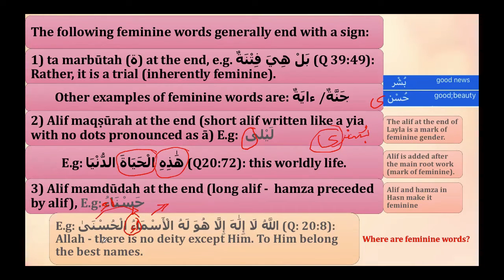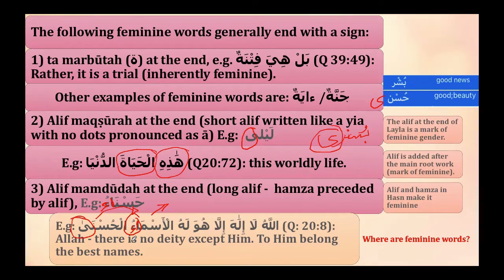Isn't that beautiful? So the adjective matches. So now you know that al-asma'u is feminine and al-husna is feminine. Both are feminine because there are extra markers at the end.